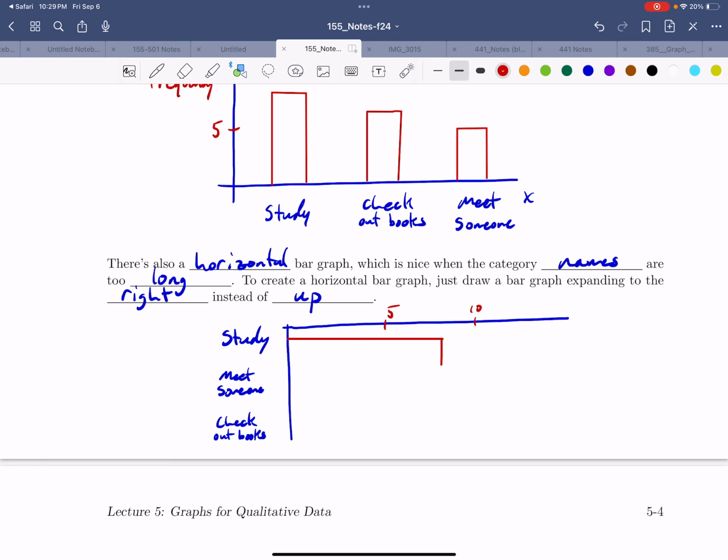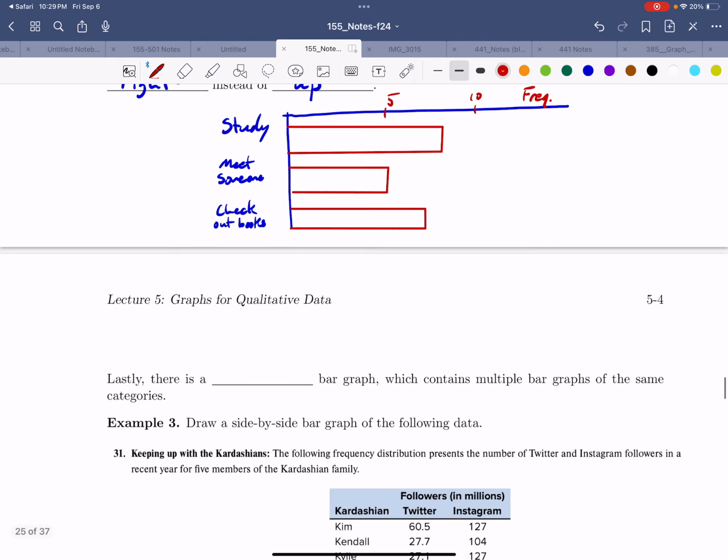I guess the axis wasn't super straight, but anyway, we got that, and then that, and then that, right? Something like that, right? So, again, same information, just horizontal, right? And again, this right here, I forgot to write this down, but this is just the frequency. Okay.